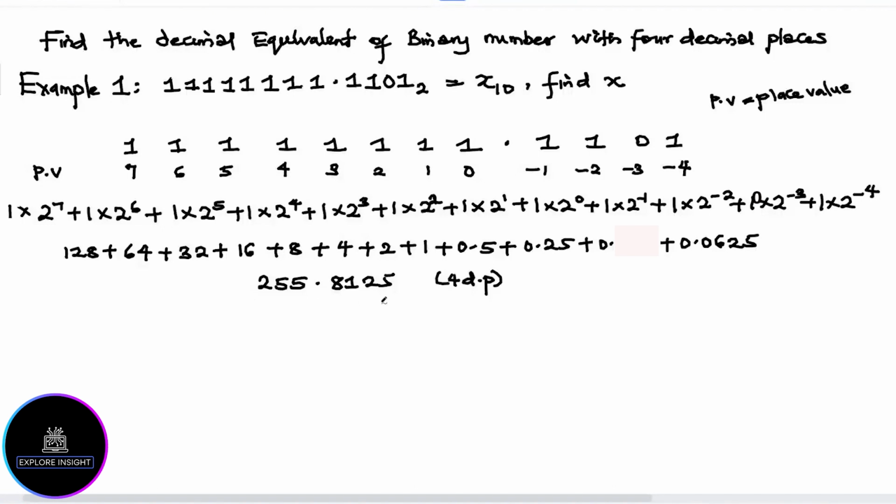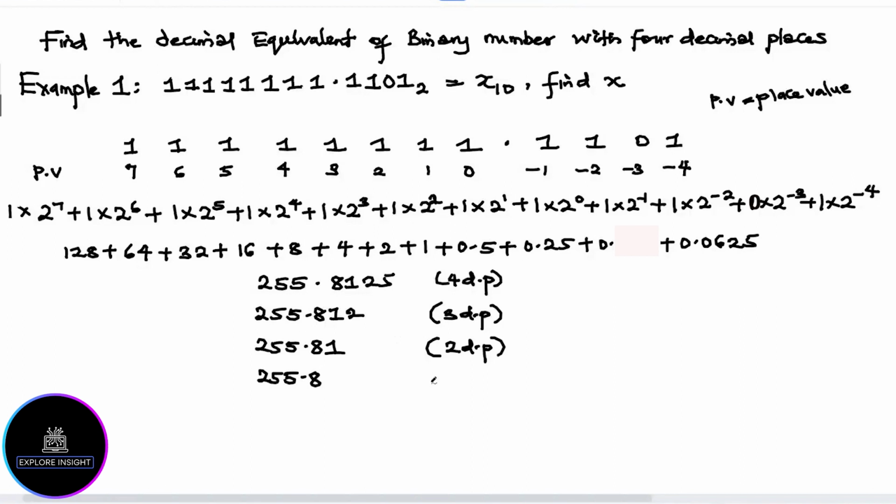If I'm to consider this, I can have it as 255.812. I'm just taking 1, 2, 3. Now this will be 3 decimal places, and the other one, 2 decimal places, will be 255.81, whereas in 1 decimal place, 255.8. So this is for 1 decimal place.